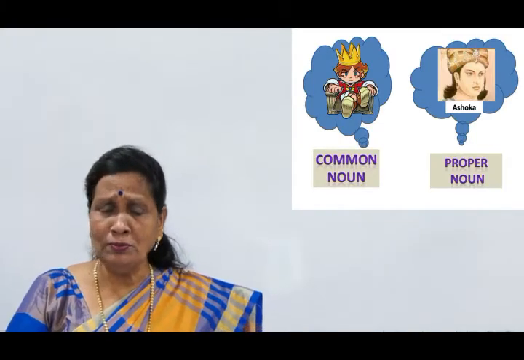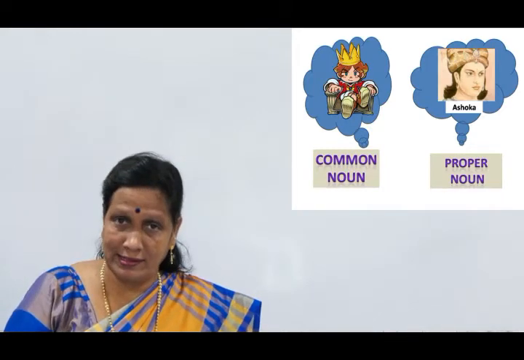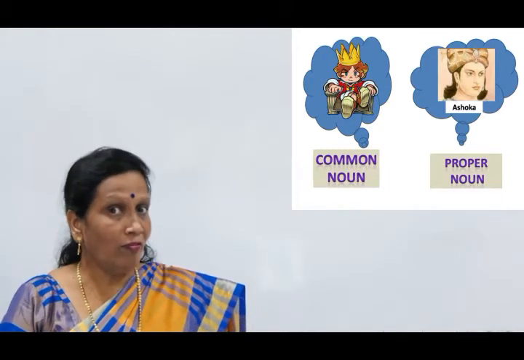We have learnt about them in our history lessons. So, when we say king, it is a common noun, because we don't know which king we are talking about. We just say a king. So, king is a common noun.